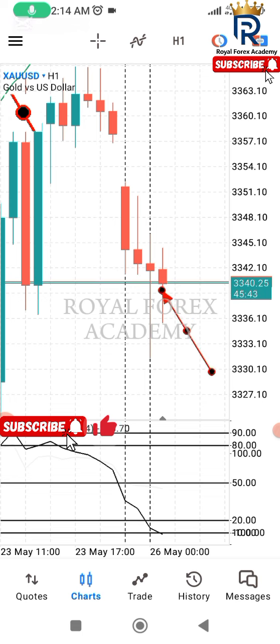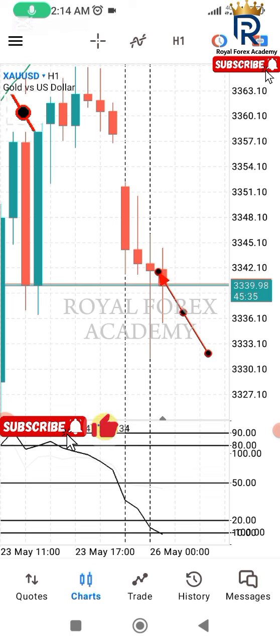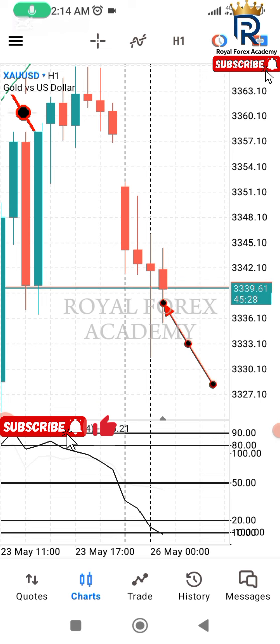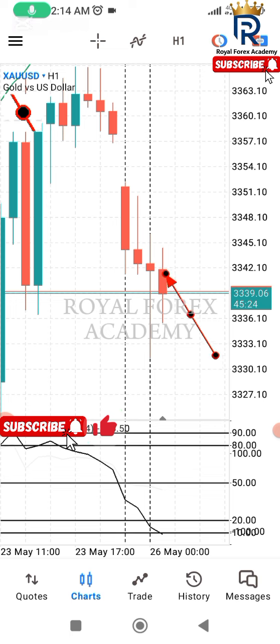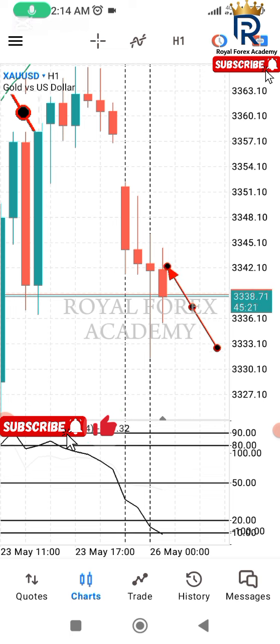Buyers pushed the price open here, sellers pushed the price from here all the way to this point, and now buyers are trying to push the price back to the upside. So you can see the price going up and coming down, going up and coming down. The battle is currently ongoing between the buyers and the sellers.